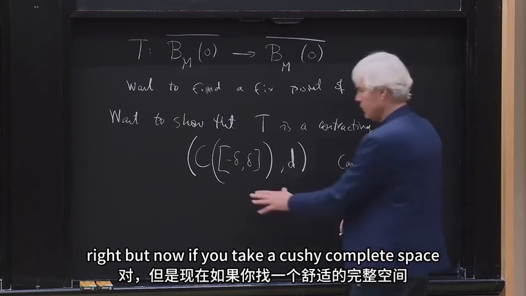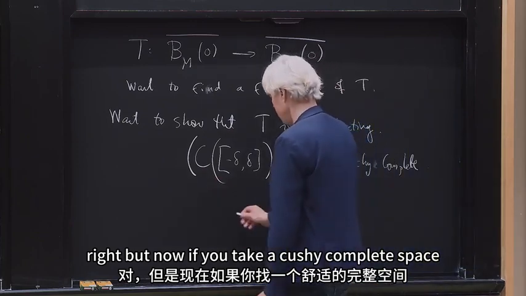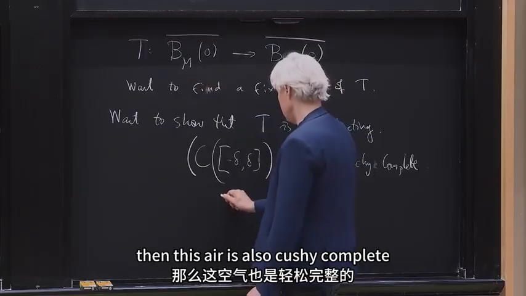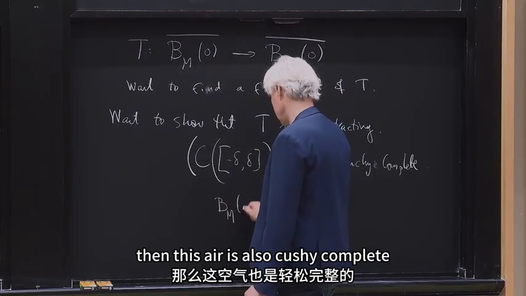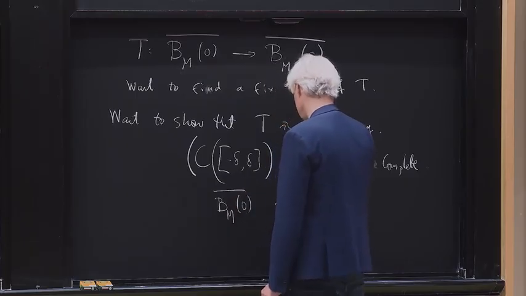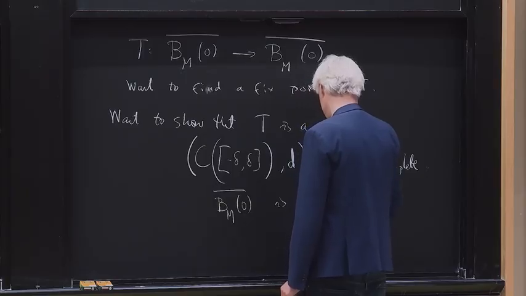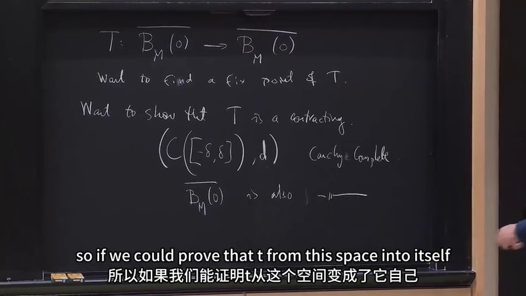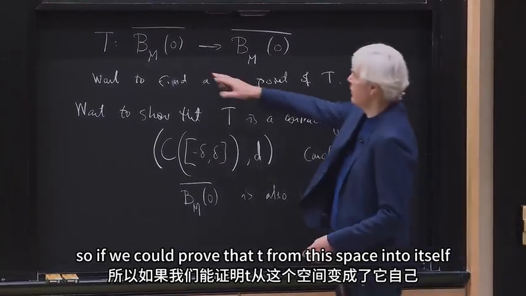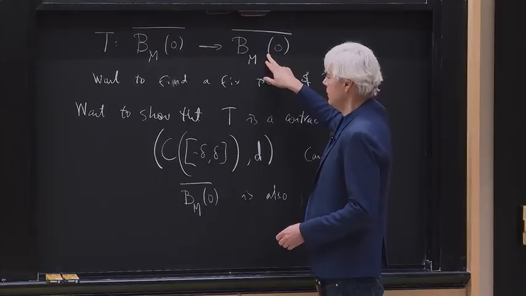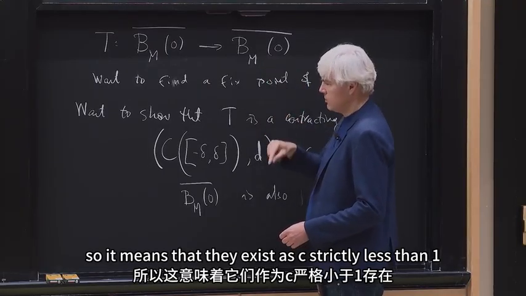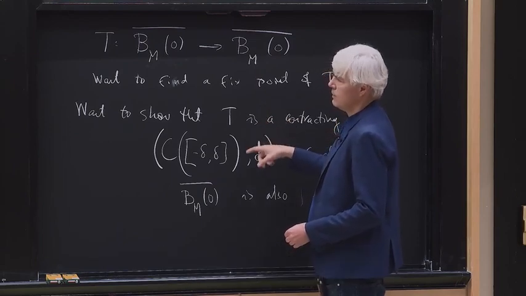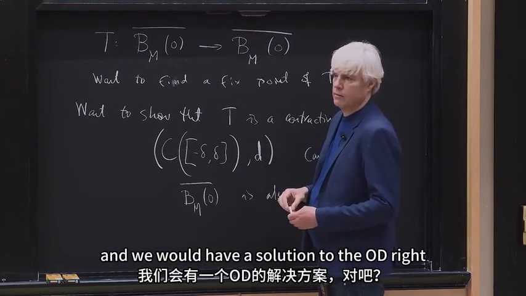But now if you take a Cauchy complete space and you're taking a closed subset, and this here is a closed subset, then this here is also Cauchy complete. Okay, so if we could prove that T from this space into itself is a contracting map, so it means that there exists this C strictly less than 1, then we would have a fixed point and we would have a solution to the ODE, right?